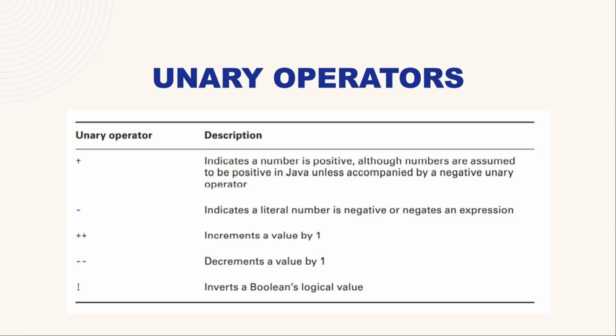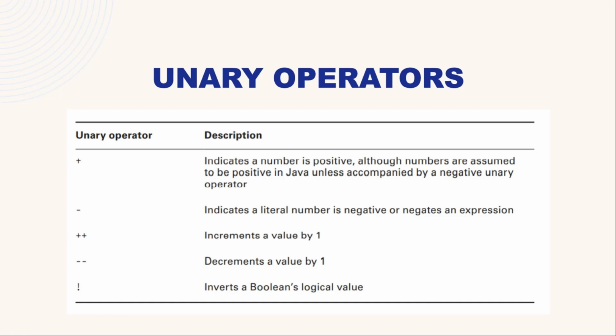Now if you look at this particular table, the first operator is plus, which indicates a number is positive. But if you write a number in Java, it is already considered positive, so it actually makes no sense to use it, but still it means that it is a positive number. Then we have the negative sign. It indicates that a literal number is negative or negates an expression. So if you write -4, then it's a negative number.